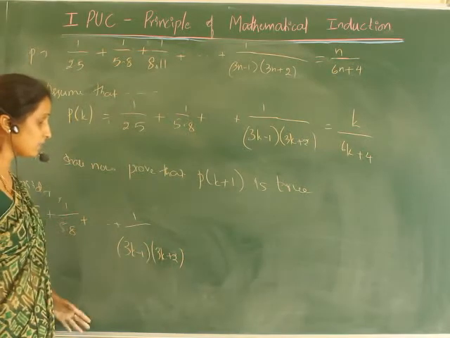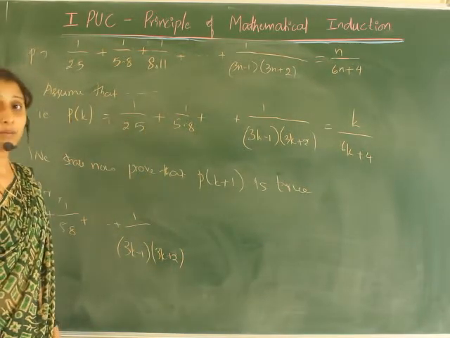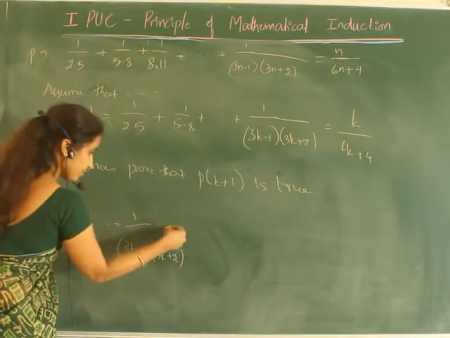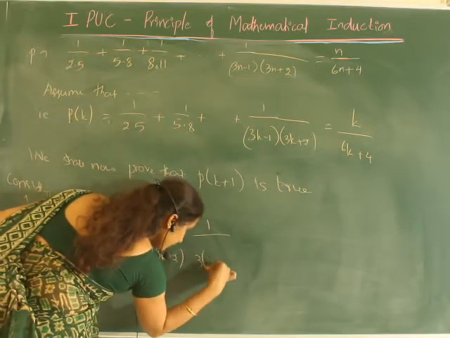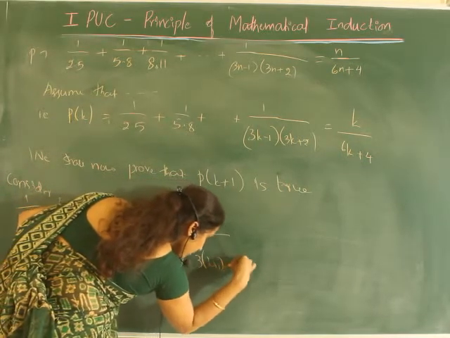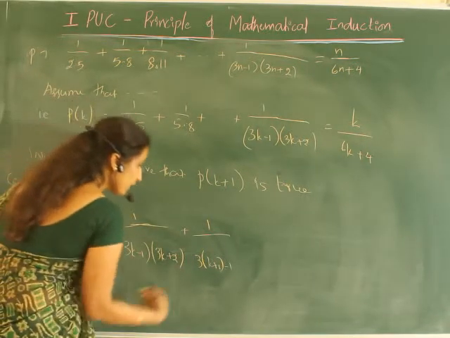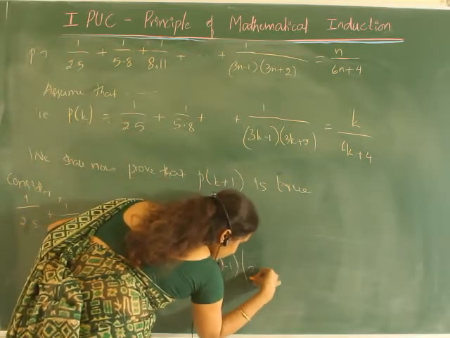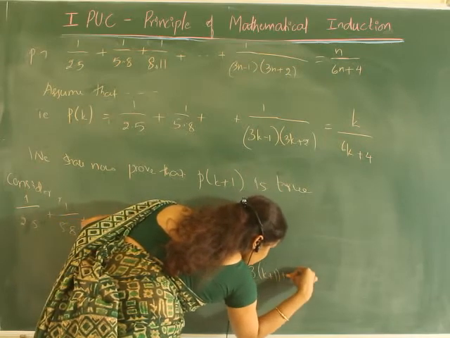So till here it is there in the P of k. Next is the k plus 1th term we have to add. So replace k by k plus 1. 1 by 3 into k plus 1 minus 1. So 3k minus 1, I have replaced k by k plus 1. So 3 into k plus 1 minus 1 into 3 into k plus 1 plus 2.